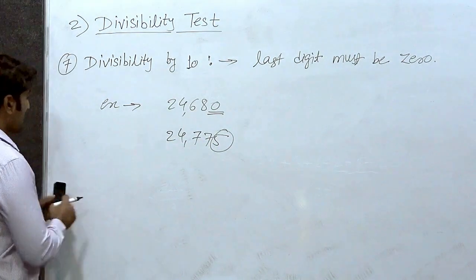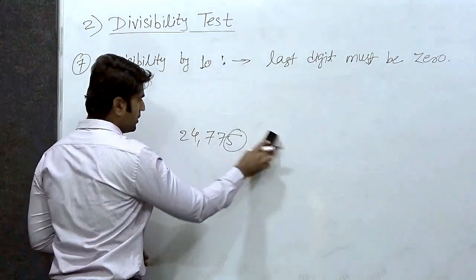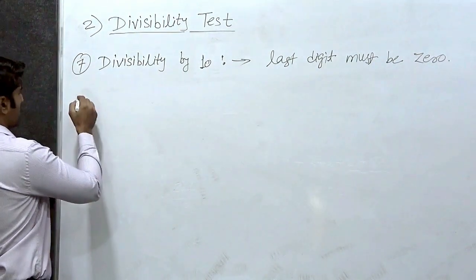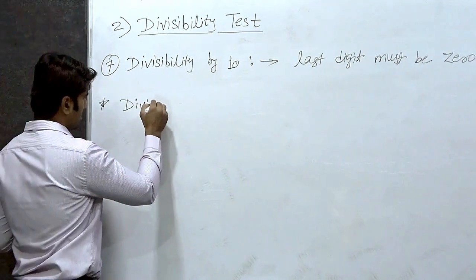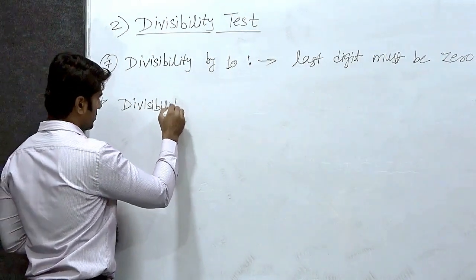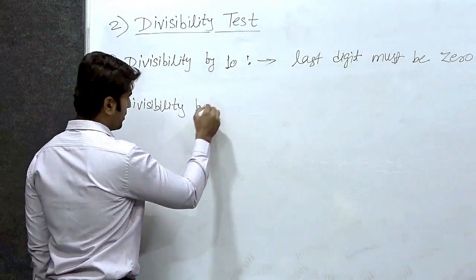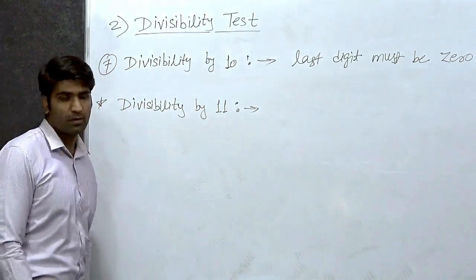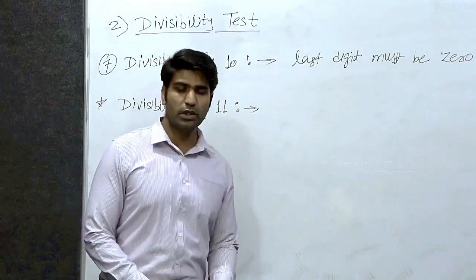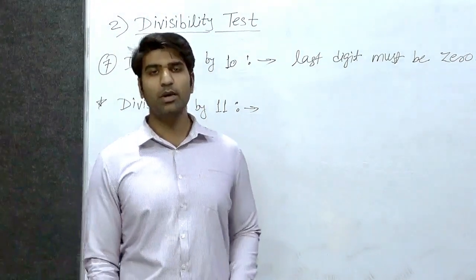And the last one, very important, divisibility by 11. So is the given number divisible by 11 or not?